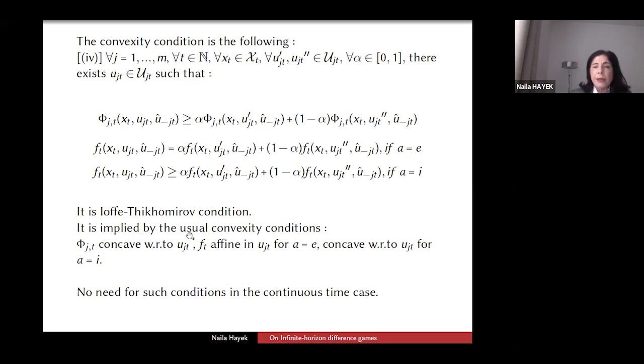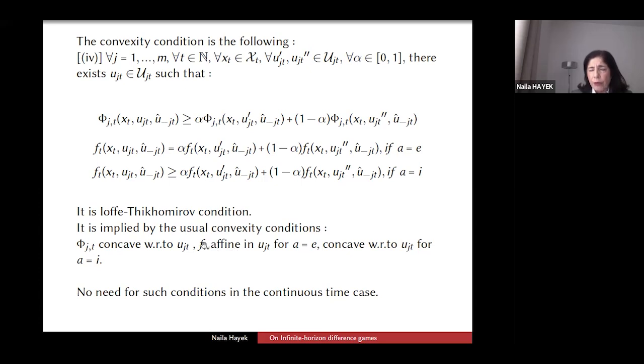It is implied by the usual convexity conditions that you know very well. It is implied, for example, by all the phi jt being concave with respect to the strategy of the jth player, and ft affine in u j when it is an equality.